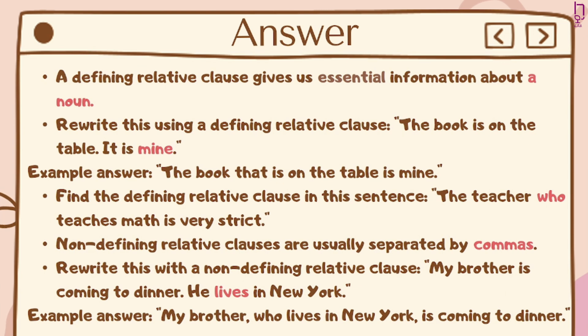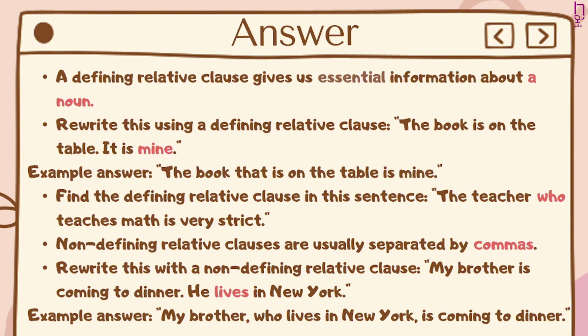Now let's do it together. Defining relative clauses give us essential information about a noun. Rewrite this using a relative clause: the book is on the table, it is mine. Example answer: the book that is on the table is mine. And the third question, find the defining relative clause in the sentence: the teacher who teaches math is very strict.